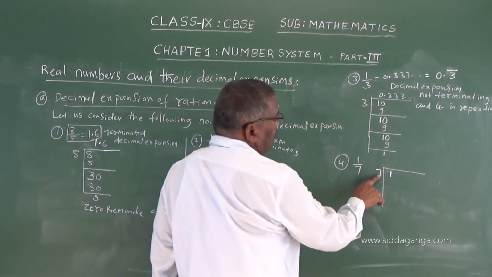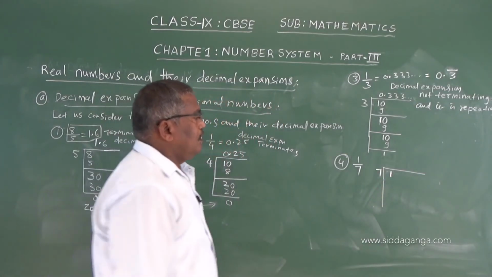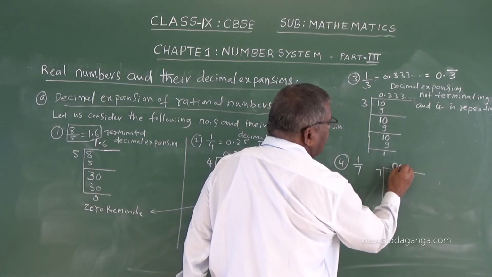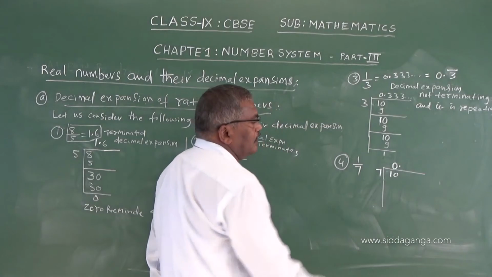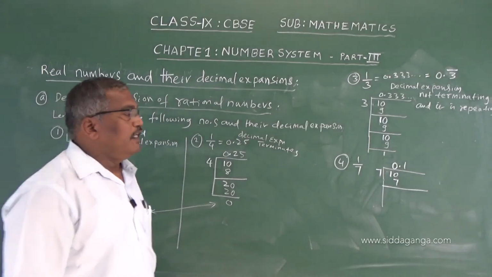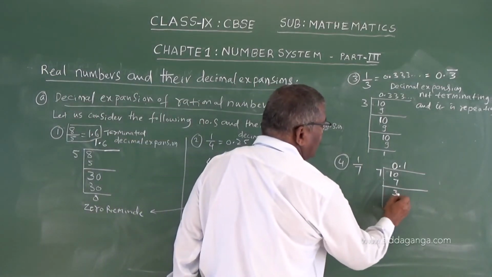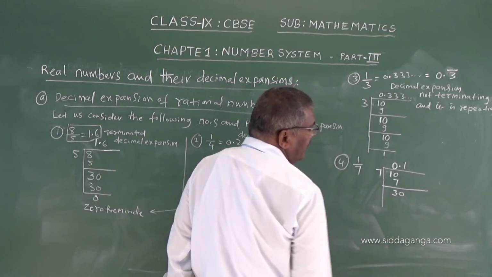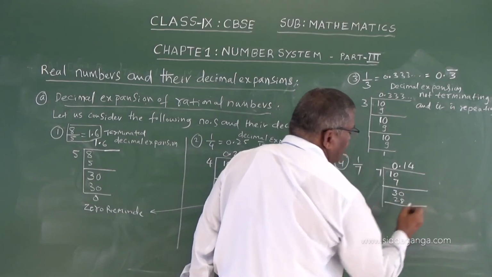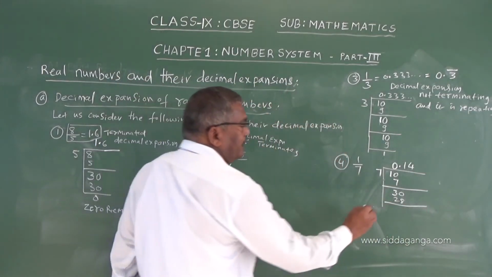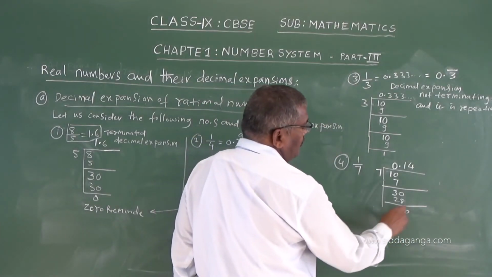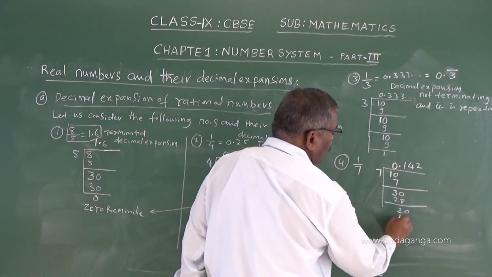Now, if you divide 1 by 7, it is not divisible. So we commence with a decimal point, it becomes 10. 1 7 is 7. The remainder is 10 minus 7, which is 3. So it becomes 30. 4 7s are 28. 2 is the remainder, it becomes 20. 2 7s are 14.